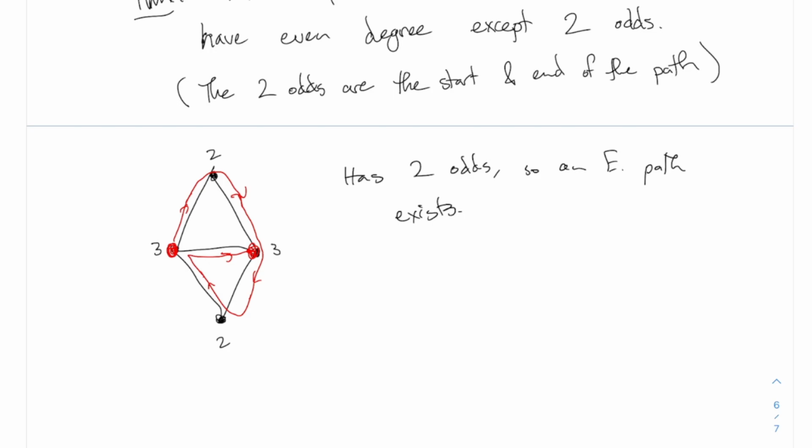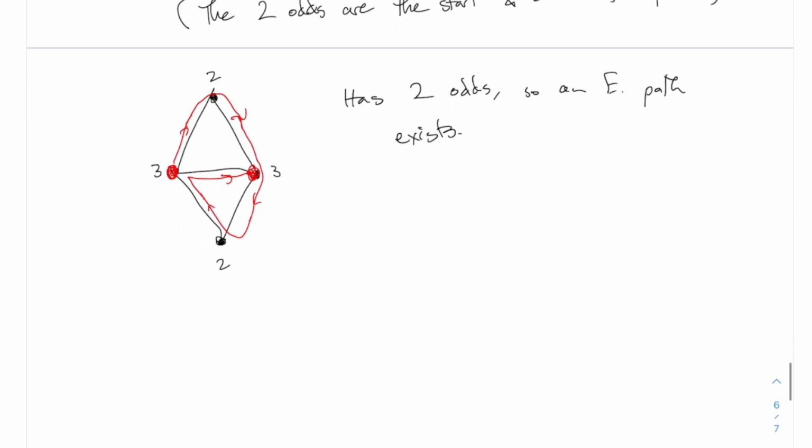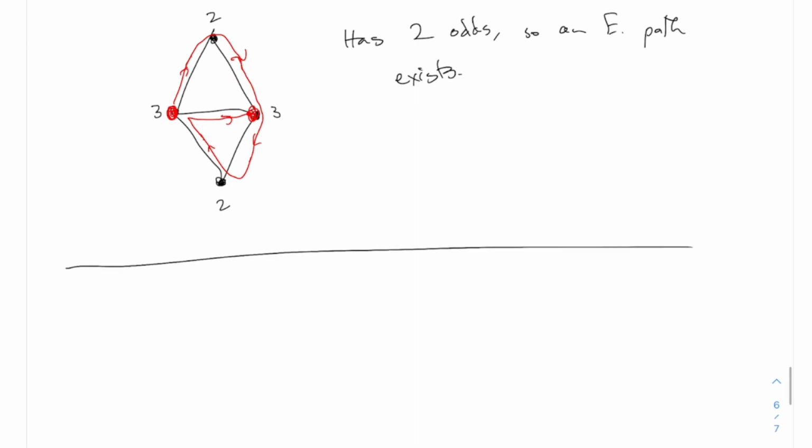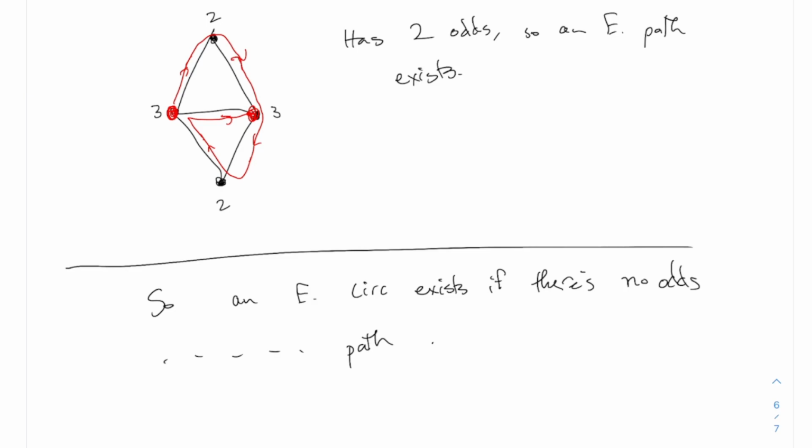So maybe to summarize, we got 15 minutes. I have one more interesting thing that Euler figured out. But to summarize so far, an Euler circuit exists if there's no odds. An Euler path exists if there's two odds, right?